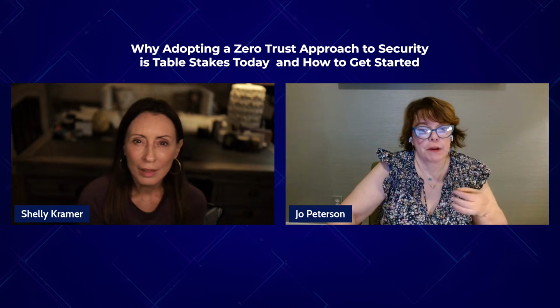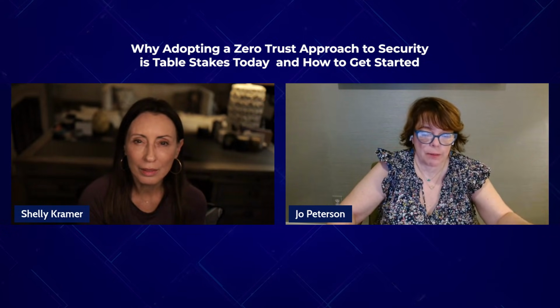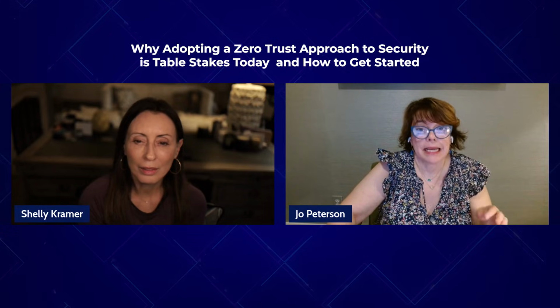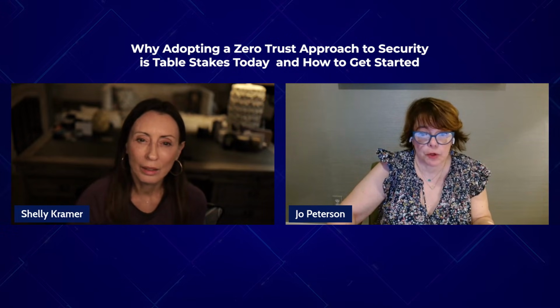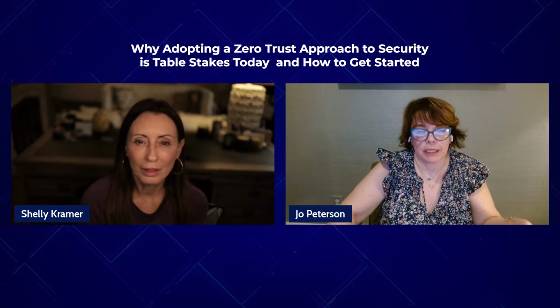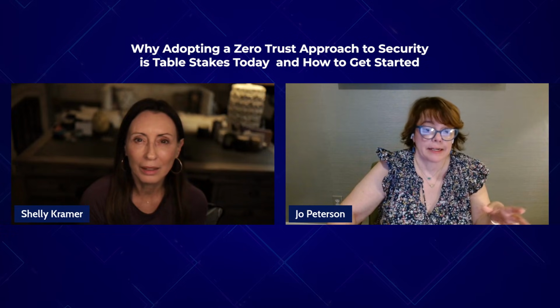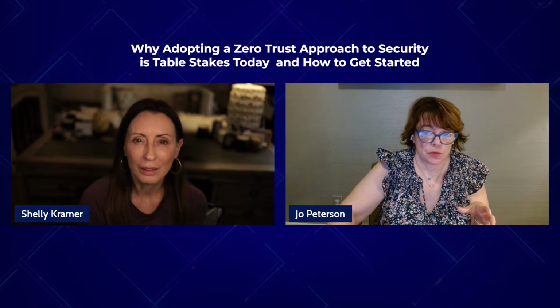It's going to verify the user and grant access to specific applications based upon their identity and contextual policies that are put in place. And what's cool about it is it operates on this really adaptive trust model where trust is never implicit and access is granted on a need-to-know basis, right?